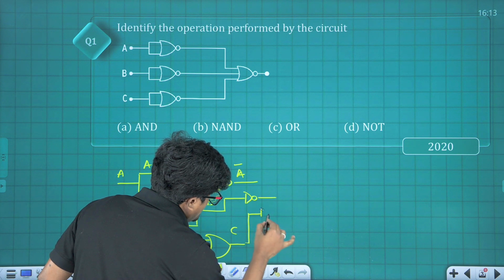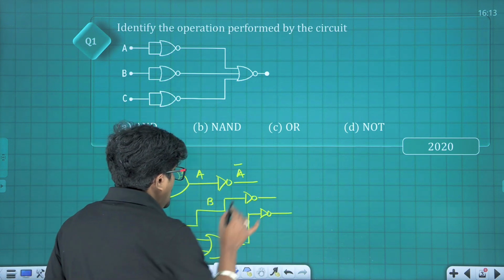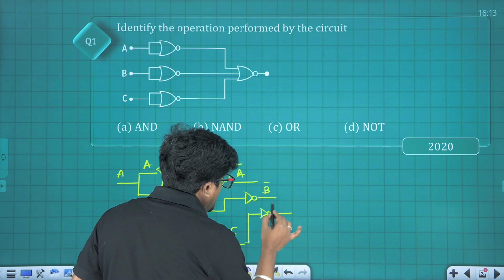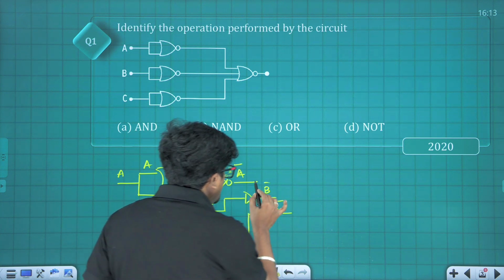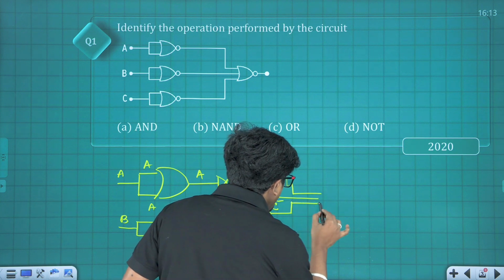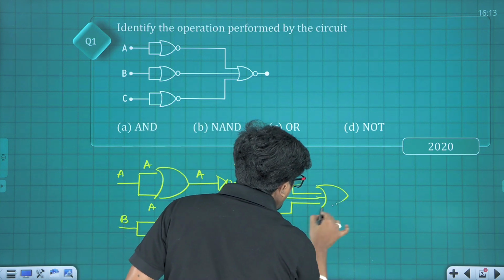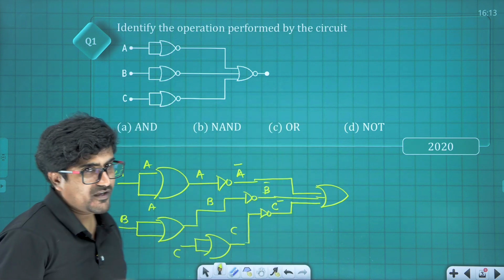Here the same thing, 3 NOT gates. So it's B bar and here this is C bar. All together coming in, and that is again getting into an OR gate.